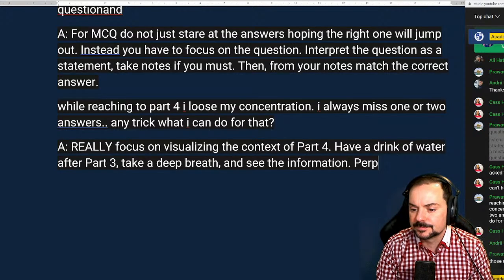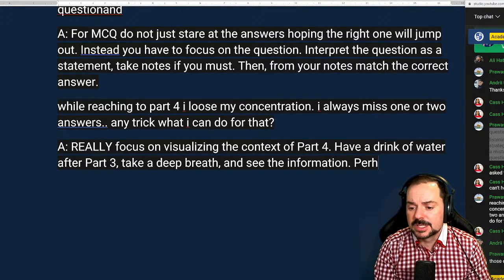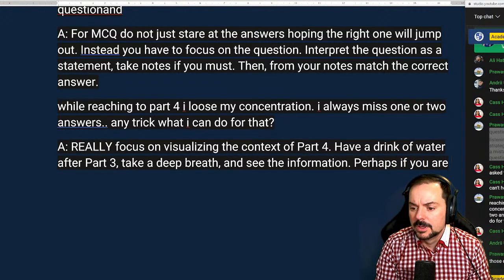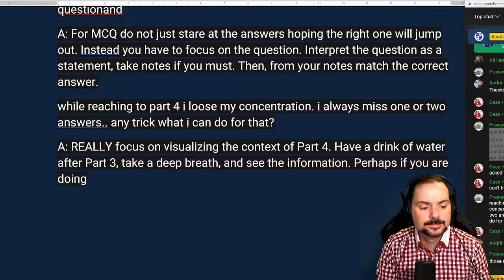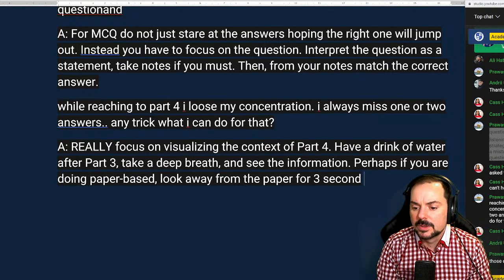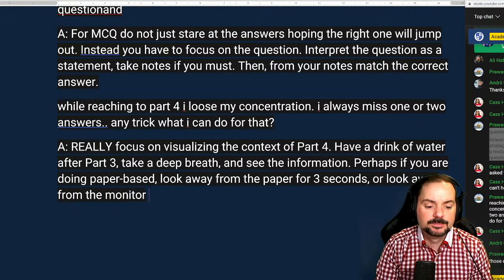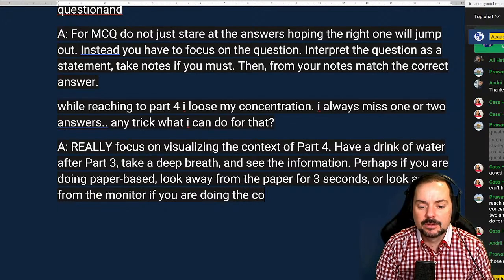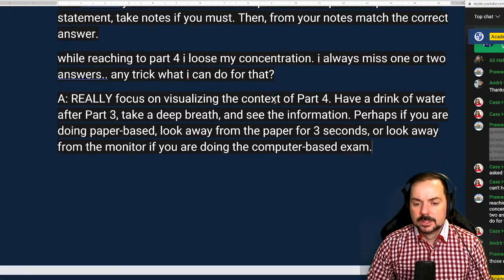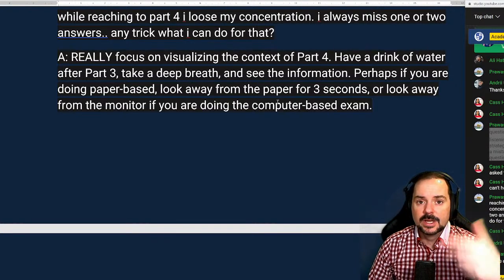Perhaps if you're doing the paper-based, look away from the paper for 3 seconds, or look away from the monitor if you are doing the computer-based exam. Okay, so just take your eyes off of it. 3 seconds, 1, 2, 3, and then look again and focus.